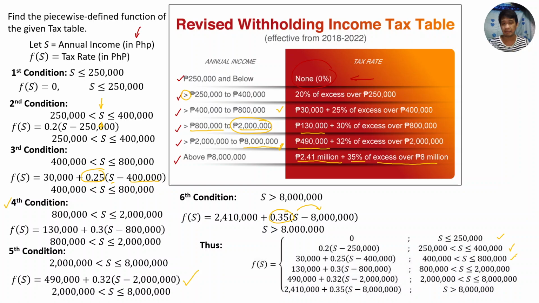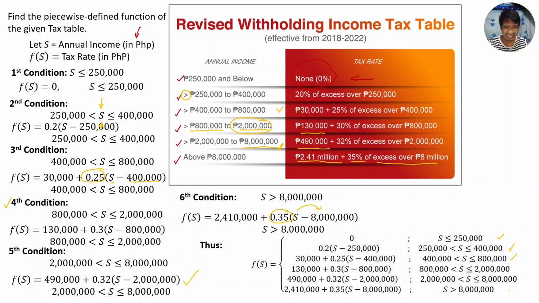800,000. Para sa fourth, 130,000 plus 30% of s minus 800,000 for s greater than 800,000 up to 2 million. Then for the fifth, 490,000 plus 32% of s minus 2 million for s from 2 million up to 8 million.